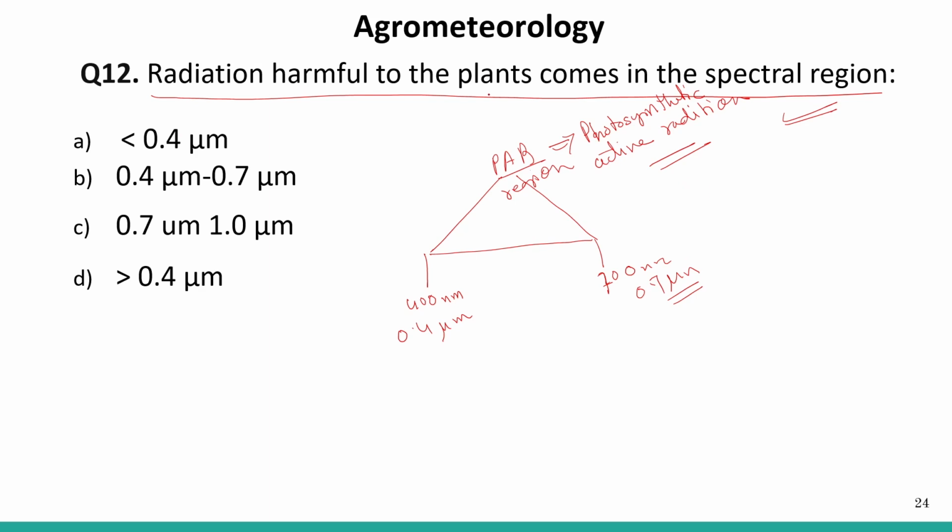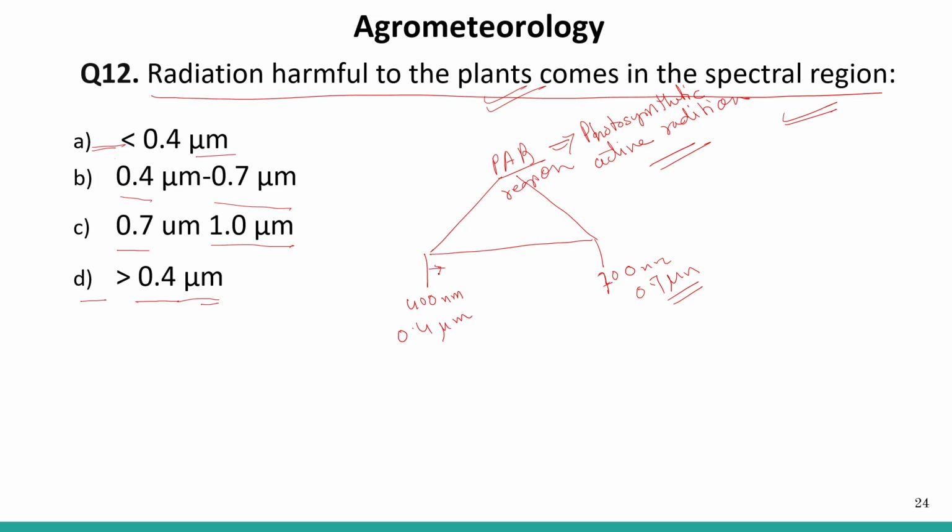the radiation harmful to the plants comes in the spectral region. The options are: less than 0.4 micrometer, between 0.4 to 0.7 micrometer, 0.7 to 1 micrometer, or greater than 0.4 micrometer. So 0.4 micrometer, we are moving this side, right?